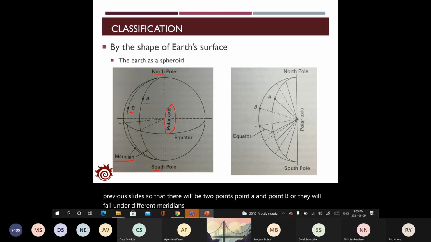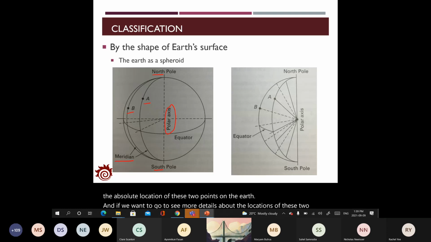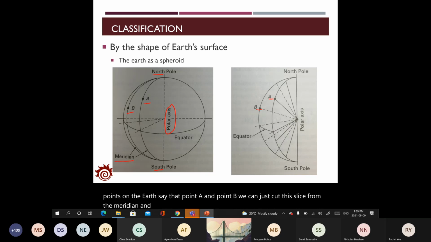This is also applied for you to identify the coordinates, which are the absolute location of these two points on the Earth. If we want to see more details about the locations of point A and point B, we can cut this slice from the meridian and the polar axis.